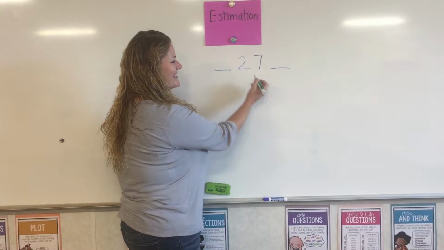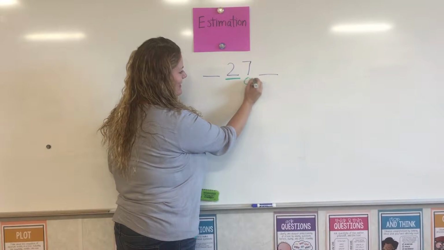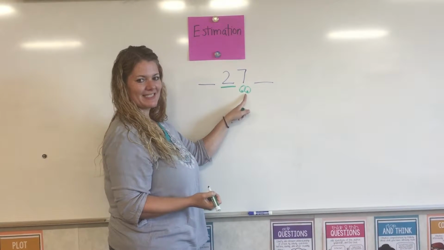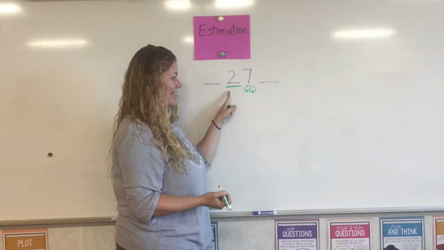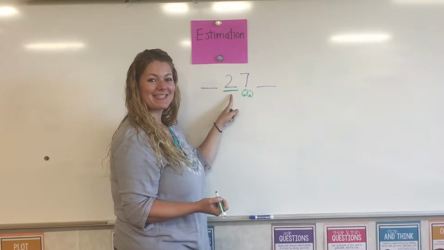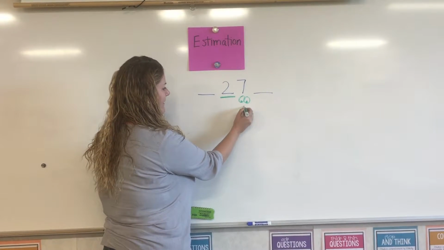If you're rounding to the tens place, look at the ones. If the digit's 4 or lower, you round down.